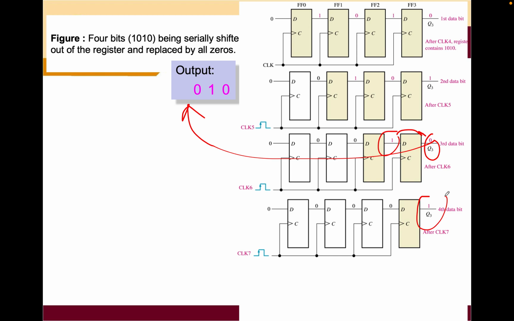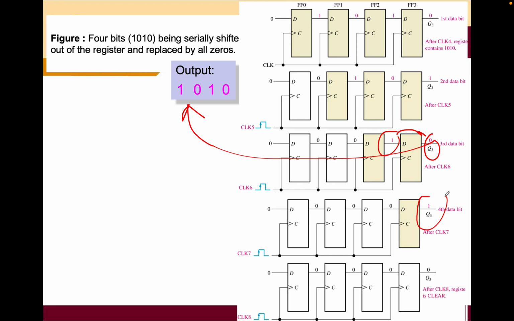And lastly, clock 8, which is 2n. If you still remember, 2n. N is your 4 bits. 4 times 2 is going to be 8. So everything is finished and already done at your 2n cycle. So cycle number 8 is going to be 0, 0, 0, and the last output will be stored here. And it's already done with your shift out.